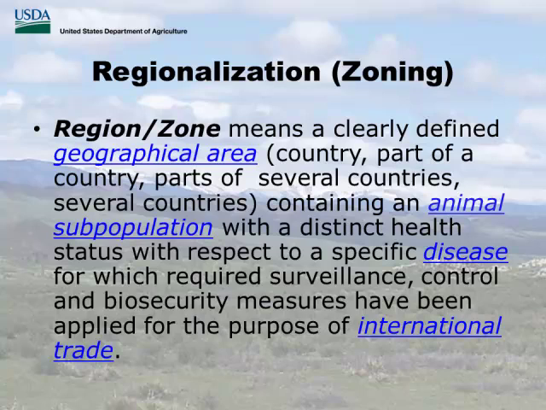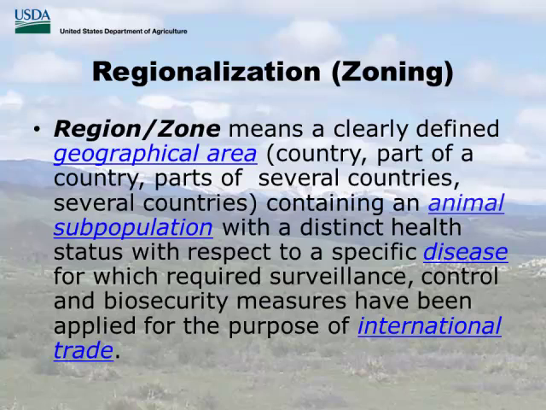Some of the new concepts, not new concepts, but concepts you're going to hear more of. There's a lot of work going on between us and Canada and others on regionalization and zoning, for us to start recognizing this more. You're going to see it more in the United States, as well as this term and hearing more about compartments. And again, nothing magical. It's a region or zone, a geographic area.